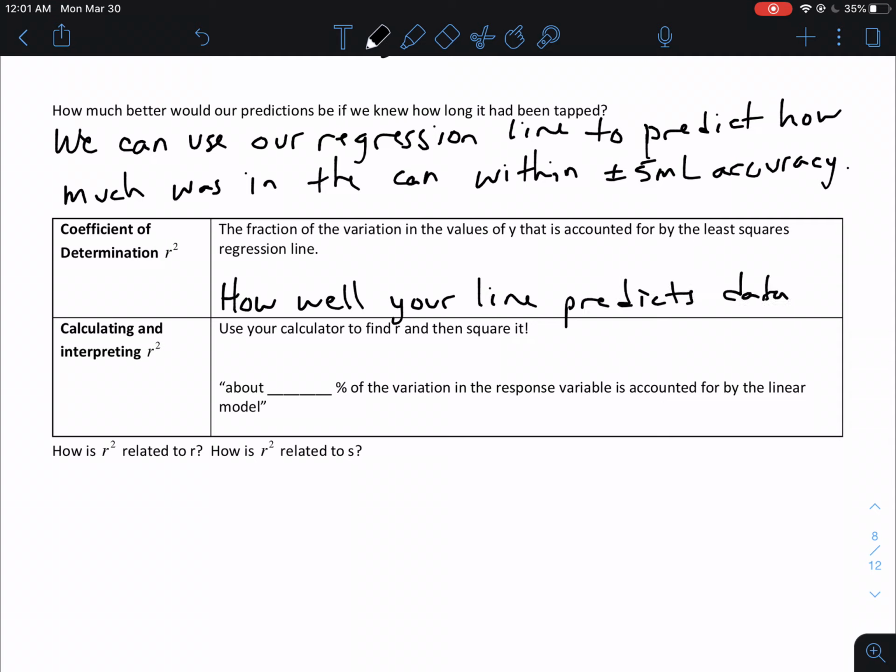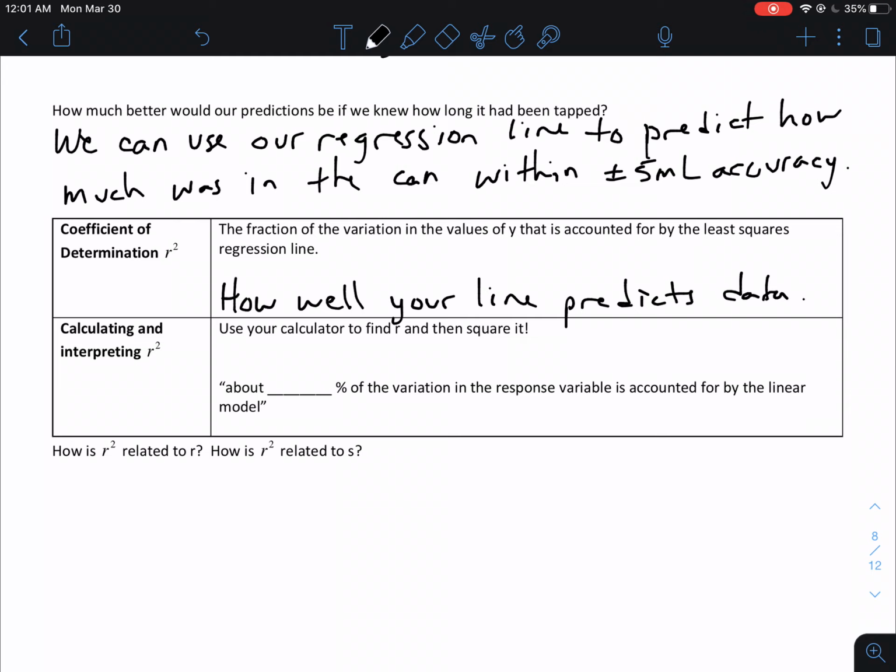So as far as calculating and interpreting r squared, first off, to calculate it, same as you would for just a linear regression, go ahead and do your linear regression, write down what your r value is, and guess what? To get r squared, you just square it. Now the interpretation is a form sentence, kind of blocked out how it's supposed to be written, so make sure you follow that.